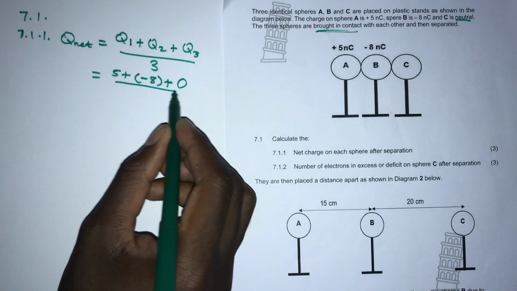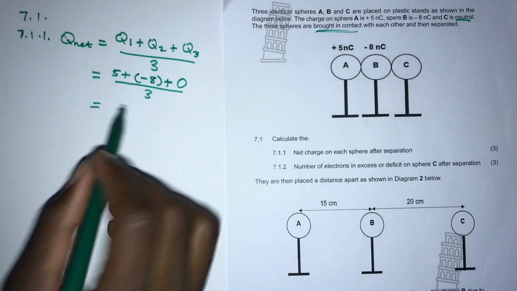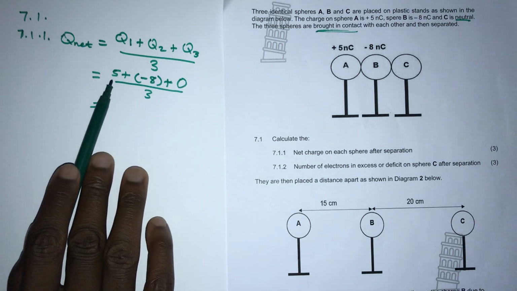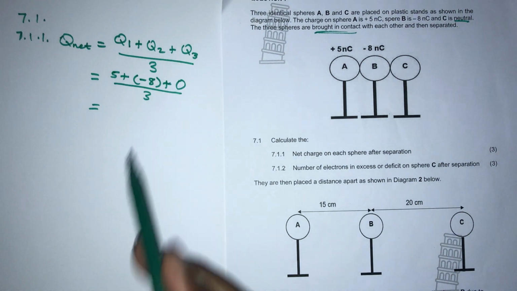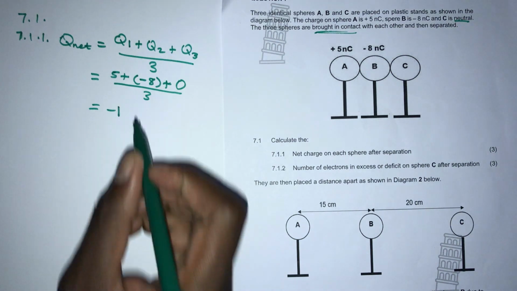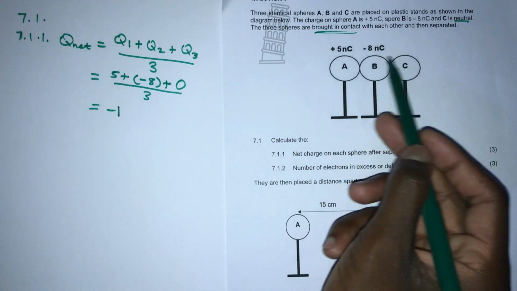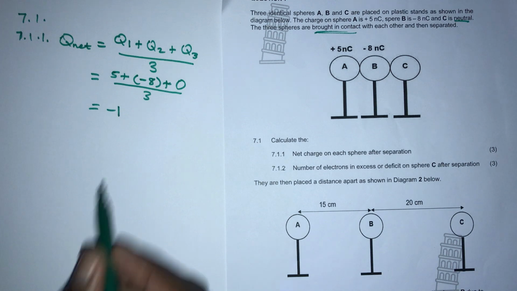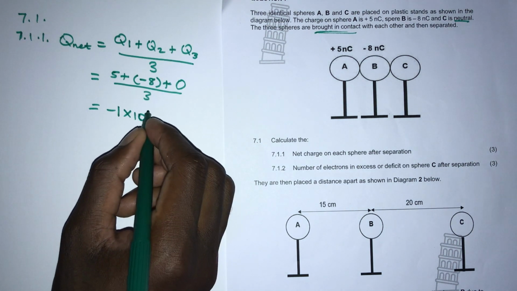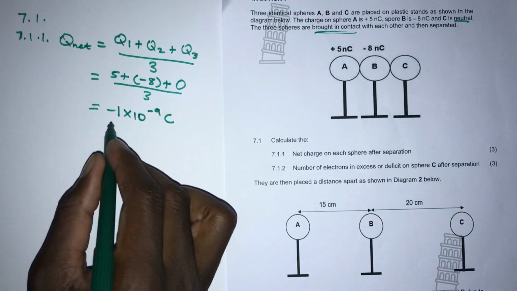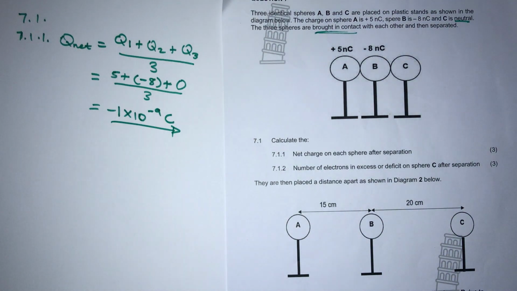So we divide by 3. 5 minus 8 is negative 3. Then negative 3 divided by 3 is negative 1. But since the charge is given in nanocoulomb, we convert it and make it 10 to the power negative 9 coulomb. So this is the net charge on each sphere after separation.